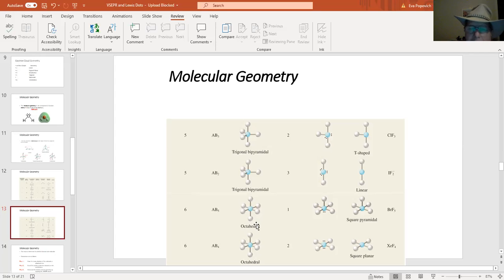So octahedral electron domain, 1 lone pair, my shape is going to be square pyramidal. If I have an octahedron electron domain, 2 of the things are lone pairs. They're going to pick up the bottom and the top, and my shape is going to be square planar.